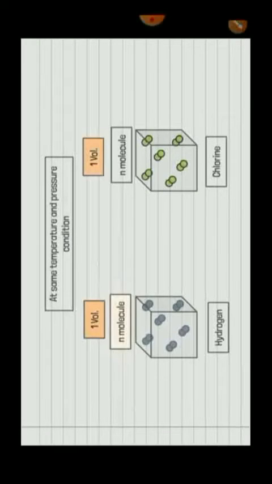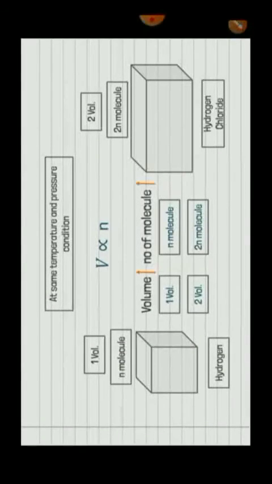If we take 1 volume of hydrogen and 1 volume of chlorine, the volume of both gases is the same, so the number of molecules will be the same at constant temperature and pressure. It will not depend upon the nature of the gas.